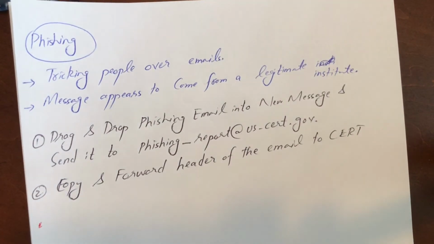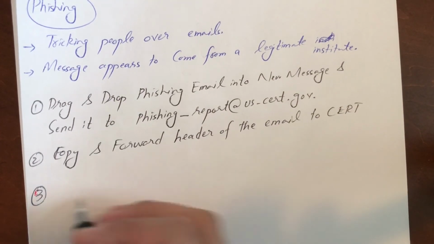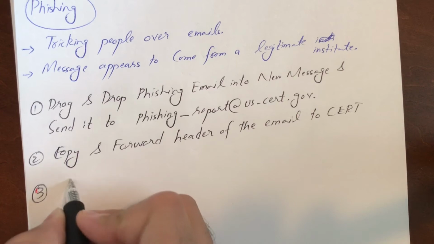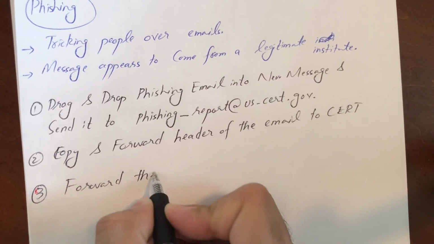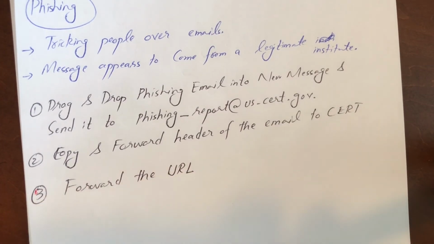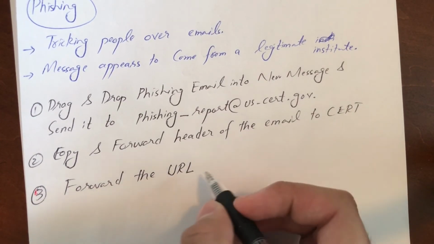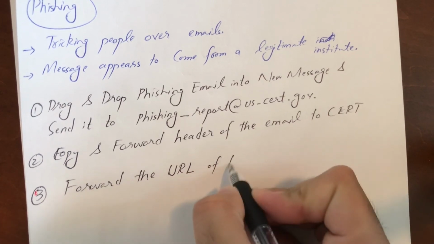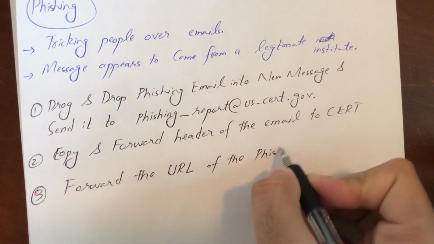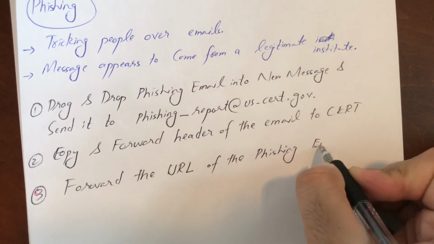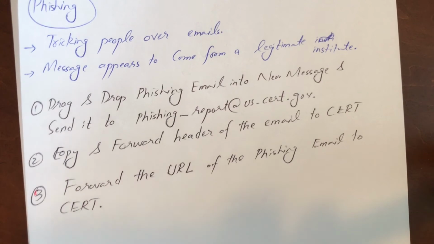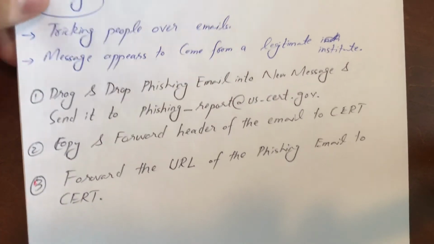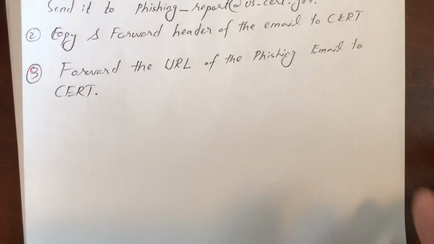Or the third idea is, if you couldn't forward the email, then at least forward the URL, uniform resource locator, of the phishing email to CERT. Then they can take some actions, or they can block that particular URL as well.